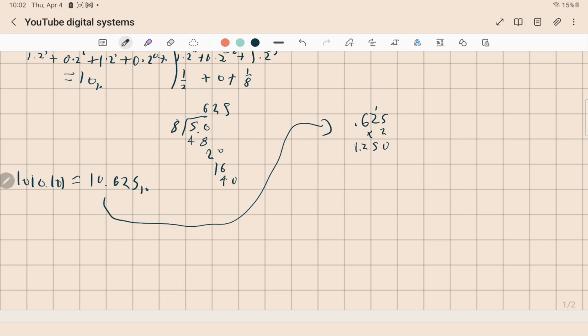Now whatever goes after the decimal point, that becomes the next number. So we have 1. Now we multiply the remainder by 2. So we get 0.5. So the next one is a 0. Now we multiply the 5 times 2. That is 1. As you can see, it's 101. That was the decimal over here.